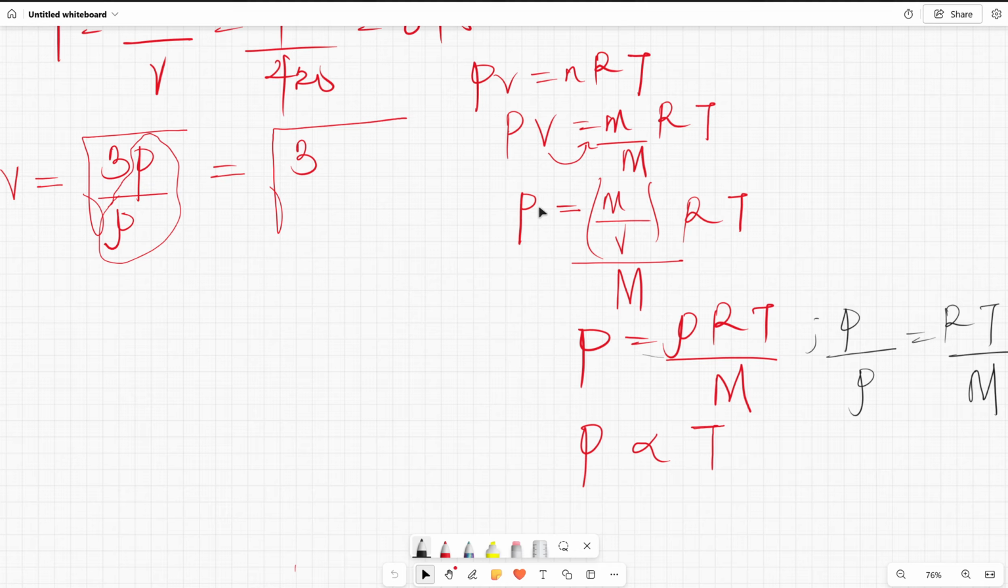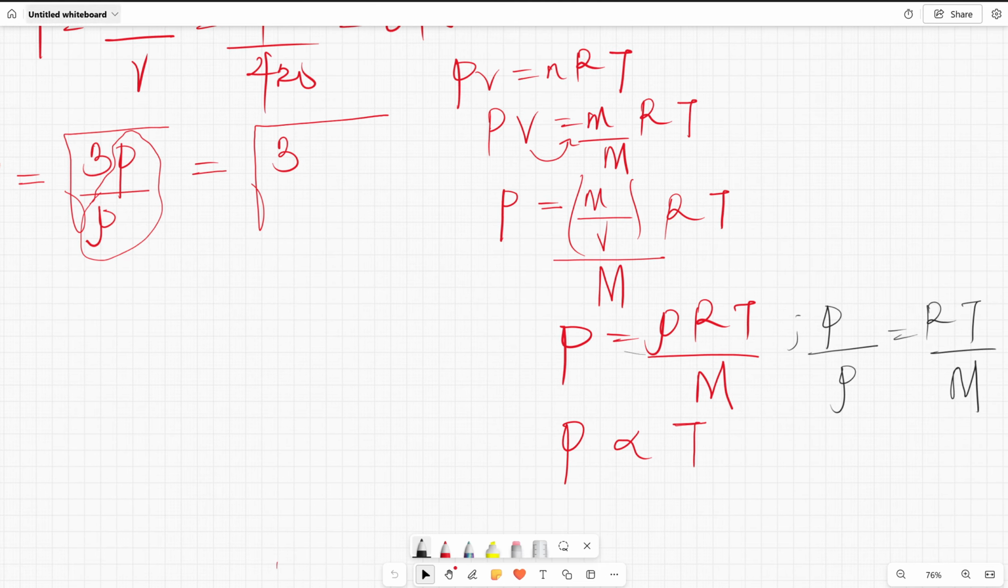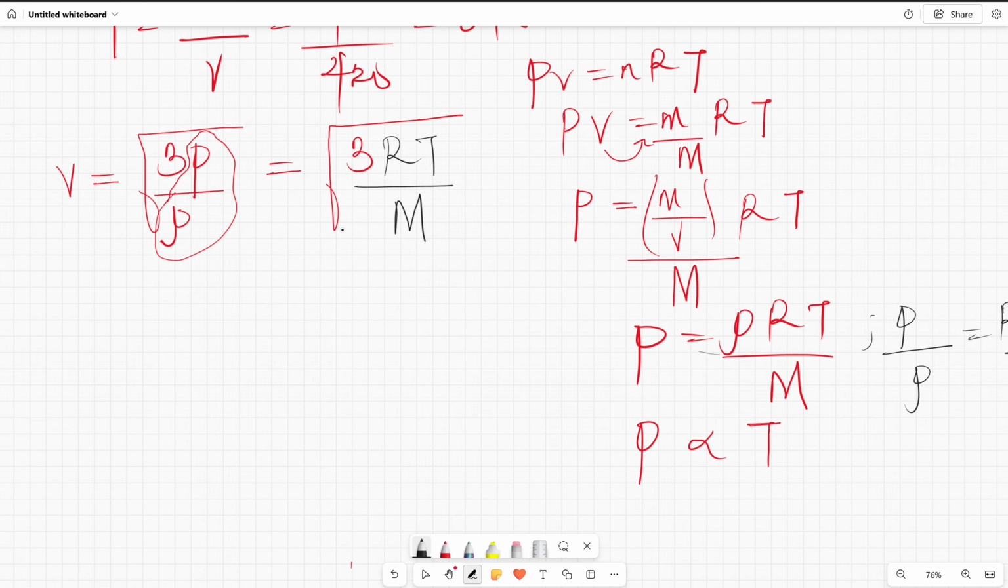RT divided by molecular mass of the gas. So I can bring in here that V is the square root of 3RT divided by molecular mass. So from here, we have a direct relationship that the velocity of sound varies directly as the square root of the temperature, provided the general gas constant R and the molecular mass of the gas are constant.